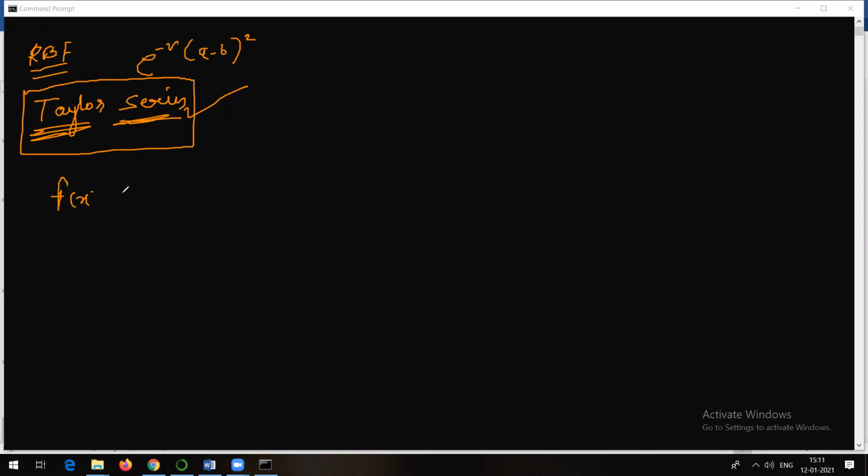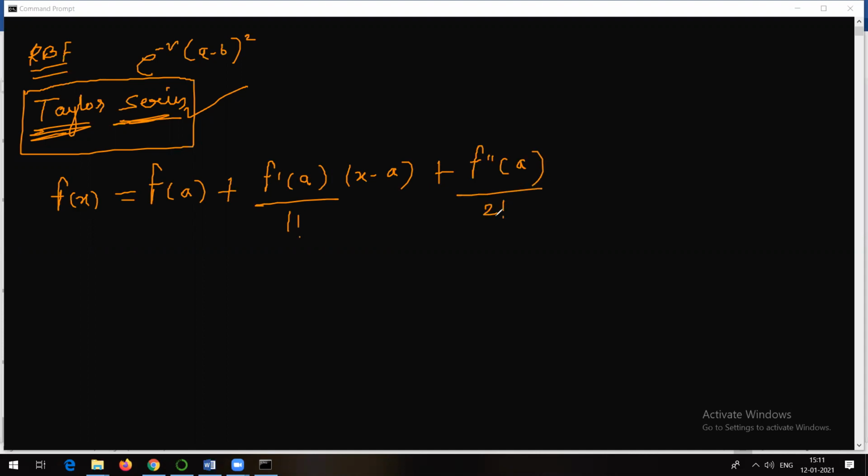For example, the Taylor series has an equation something like this: f of x is equal to f of a plus f dash of a. Now, what is this f dash of a? f dash of a is the first derivative, divided by 1 factorial into x minus a, where x is the variable, plus and so on. f double dash of a, that means the second derivative, divided by 2 factorial into x minus a whole square, plus and so on, going on like this up to the nth derivative divided by n factorial into x minus a whole raised to the power n.